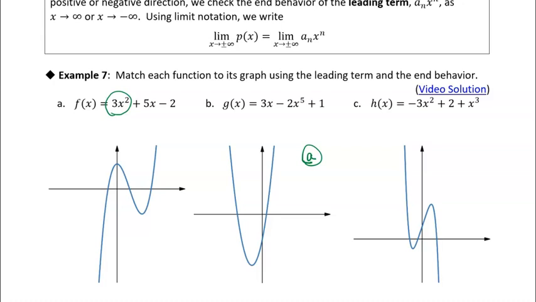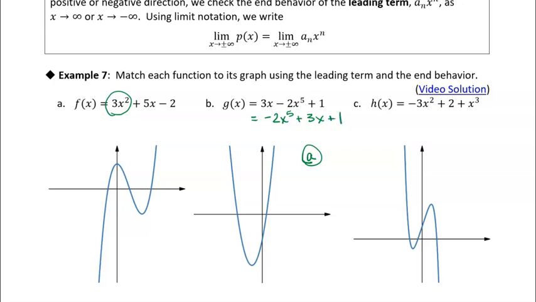Okay. All right, so the next one, we have g of x. Now we have a polynomial. It's not written in standard form. Usually, polynomials, when they're written in standard form, have the highest power of x first, and then the powers of x descend. So if we wanted to write this in standard form, it would be minus 2x to the fifth plus 3x plus 1, okay?